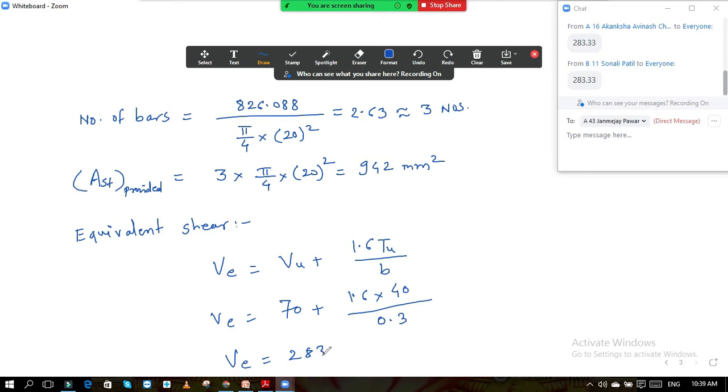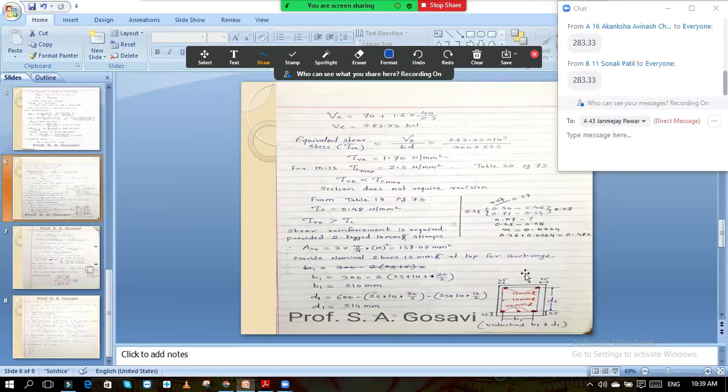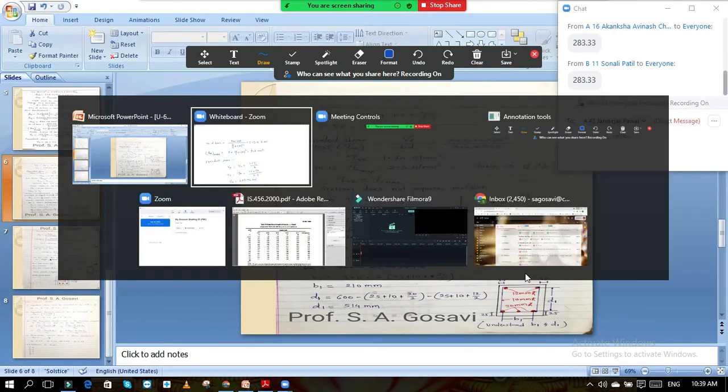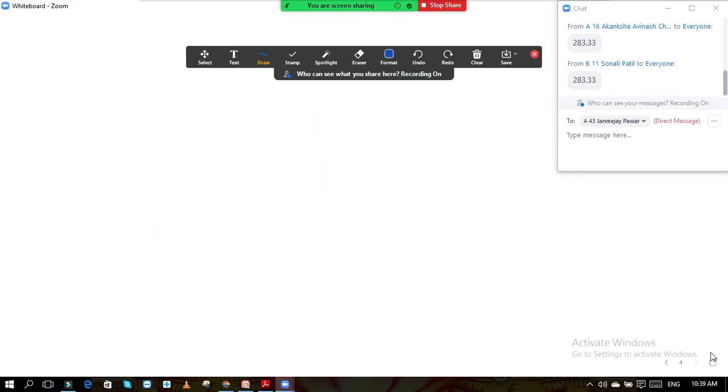283.33 kilonewton. So this is our equivalent shear. Now calculate the equivalent shear stress.